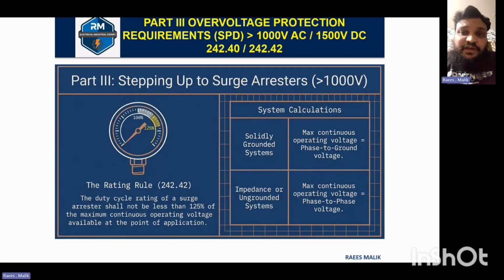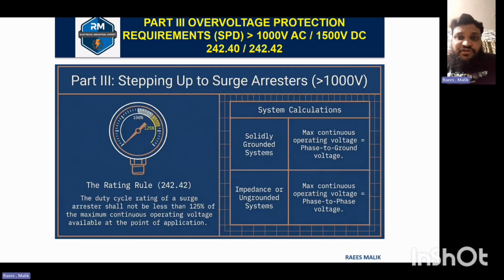So when it comes to part 3, our voltage protection requirements, for SPDs connected to a system greater than 1000 volt AC, 1500 volt DC, 242.2 covers surge arresters. The duty cycle rating of the surge arrester shall not be less than 125% of the maximum continuous operating voltage available at the point where the SPD is installed.